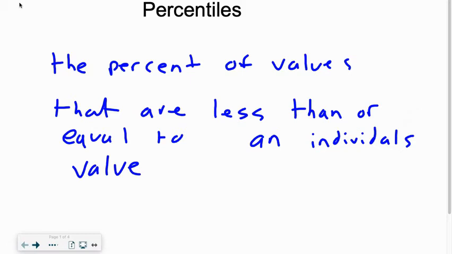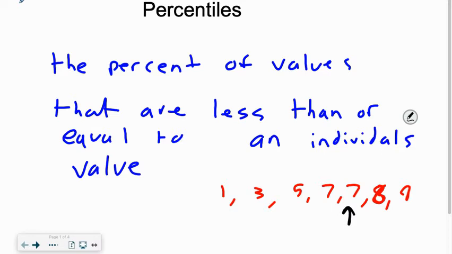So if we had a list of numbers, and let's say these were quiz scores. Mr. Nansky got a 7 on the quiz.